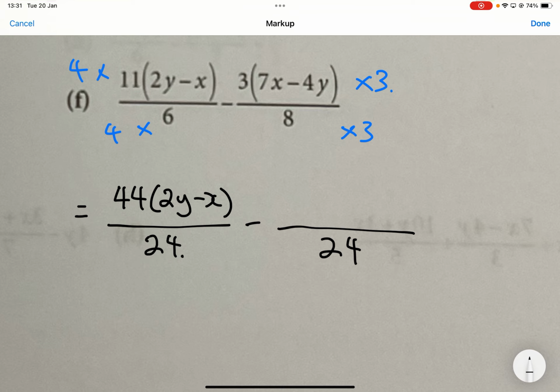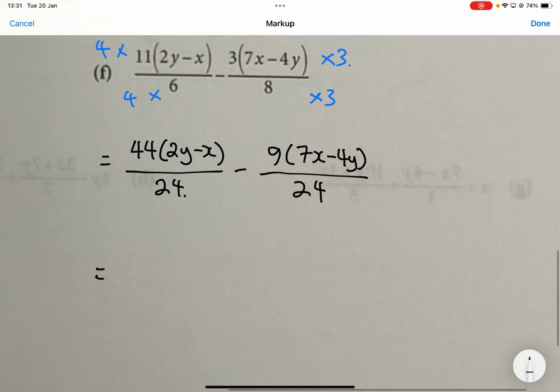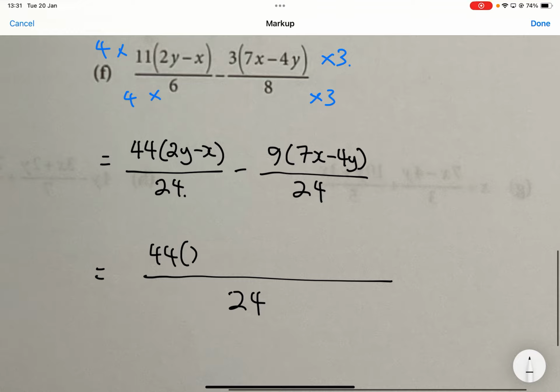So I can work out 3 times 3 first. 3 multiply 3 is 9. Then the bracket is still a bracket. I don't open first. Then put together the entire numerator minus the entire numerator.